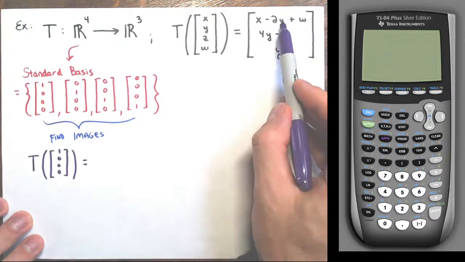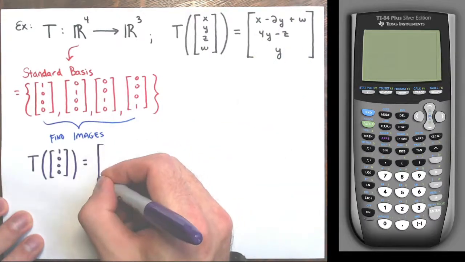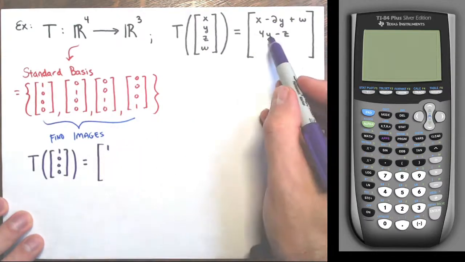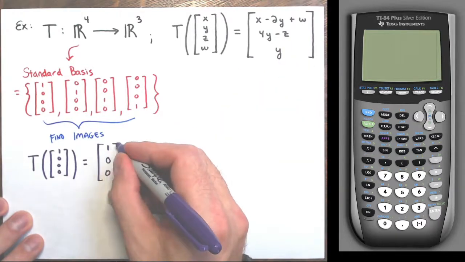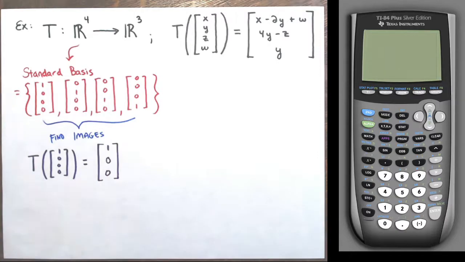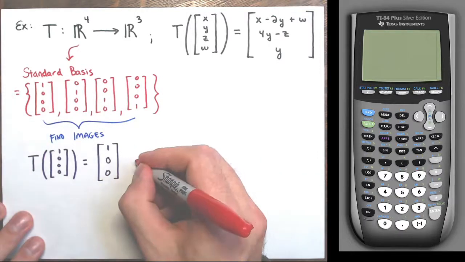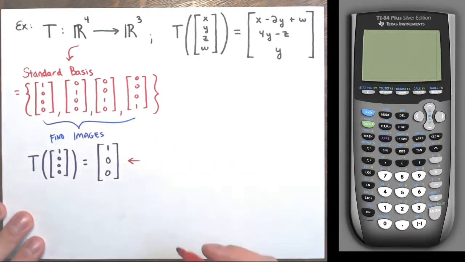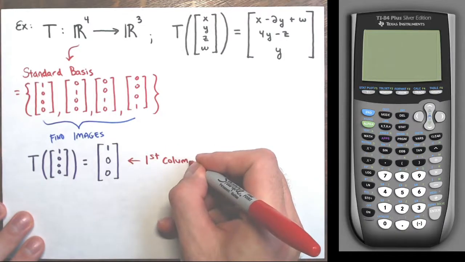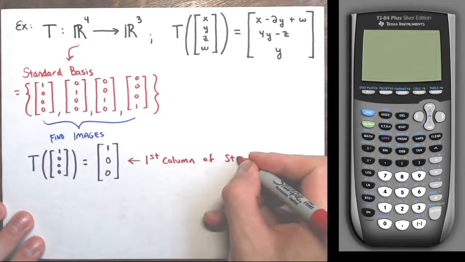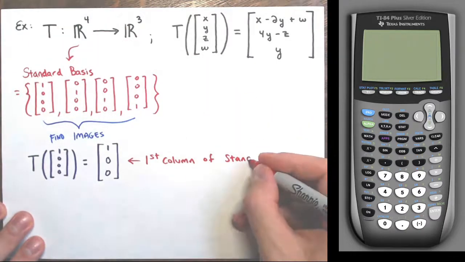So 1 minus 0 plus 0 is 1, then 0 minus 0, so 0, and 0. So there is the first column, for when I write the standard matrix later. Here's the first column of the standard matrix for this transformation T.